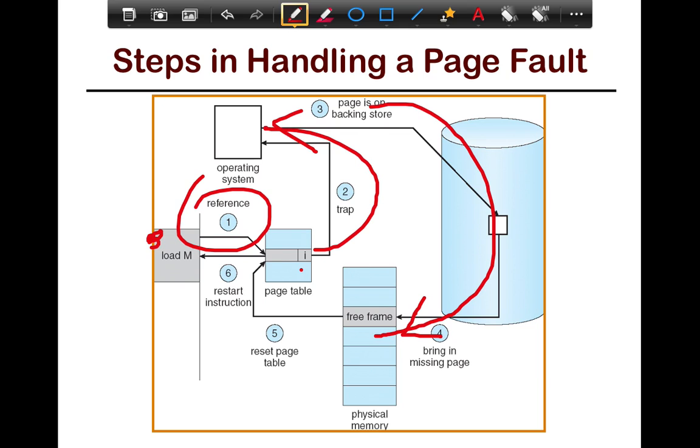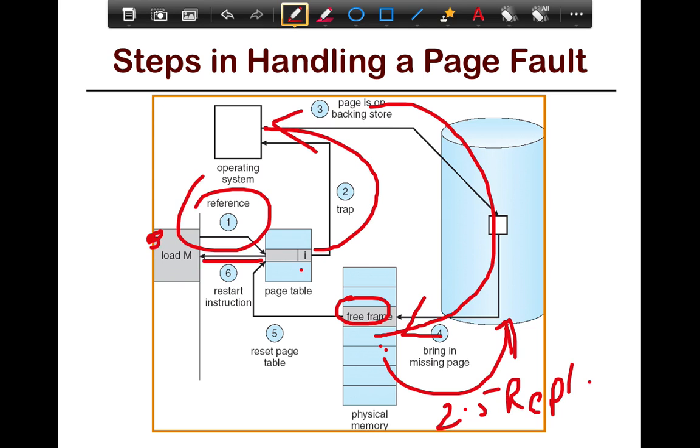In this case, it assumes there's space. If there's no free frame, then one of these pages would have to be removed. And step 3 really has to wait for step 2.5, the replacement, to take place. So this is why the replacement is on the critical path and is expensive. And you reset the page table once the page is loaded, update the page table entry, and then you restart.